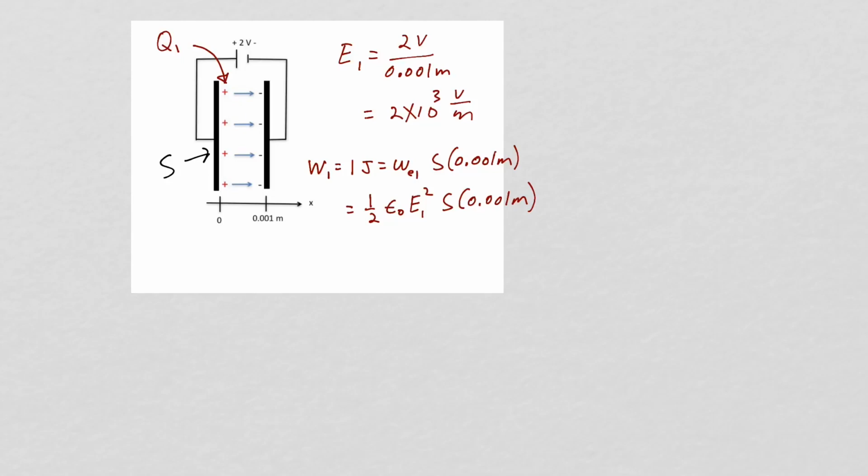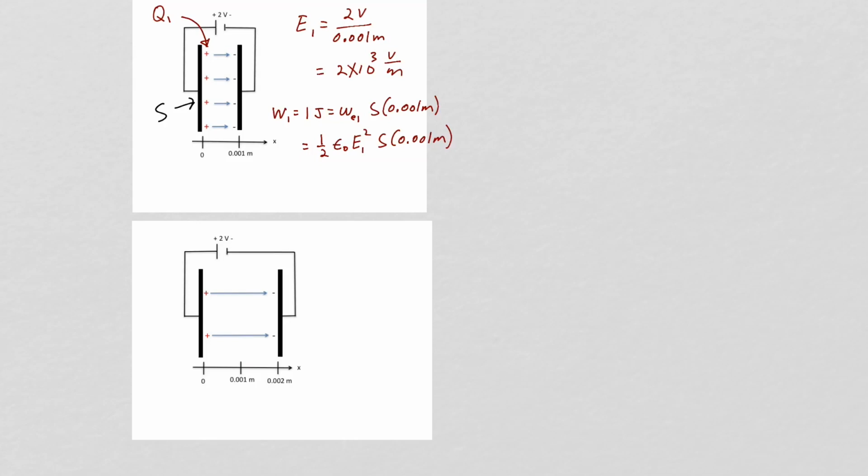Now we're going to take our plates and pull them apart to a separation of 0.002 meters while leaving the battery attached to the capacitor. Since now we have 2 volts dropped across 0.002 meters, our electric field intensity now will be 1 times 10 to the third volts per meter.